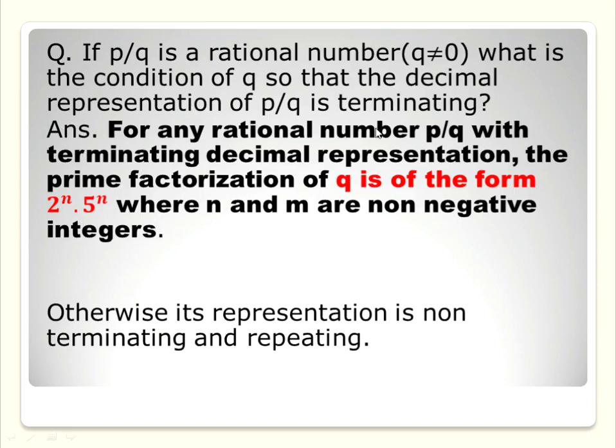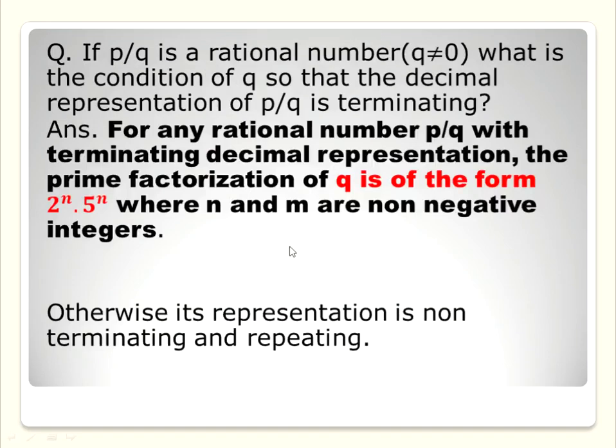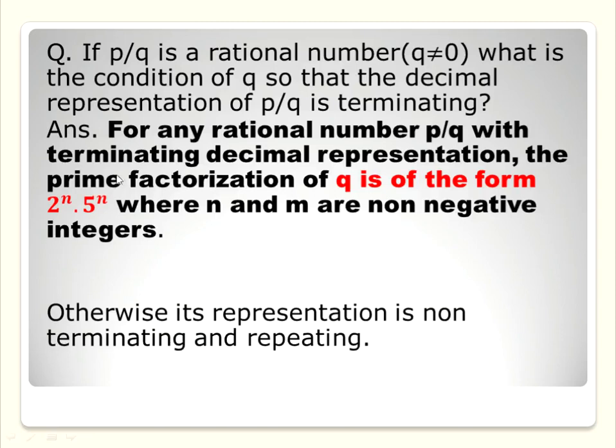For any rational number p upon q with terminating decimal representation, the prime factorization of q is of the form 2 to the power n multiplied by 5 to the power m, where n and m are non-negative integers. If it is not so, the representation will be non-terminating and repeating.